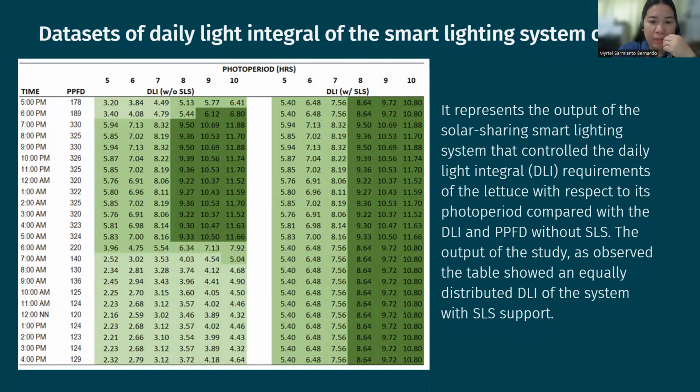Next is the DLI with the smart lighting systems, which evenly distributed the light among the different stratums or layers. So we can say that the distribution of light shown in the table is equally distributed using the smart lighting systems.